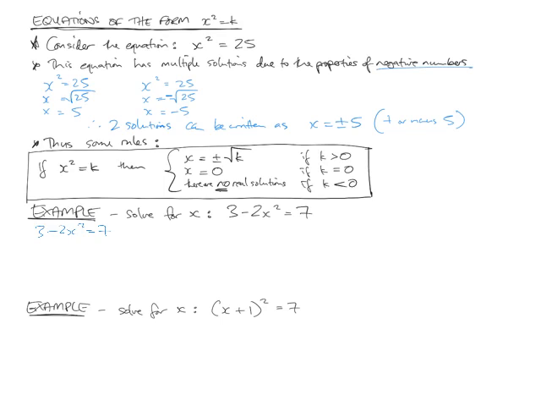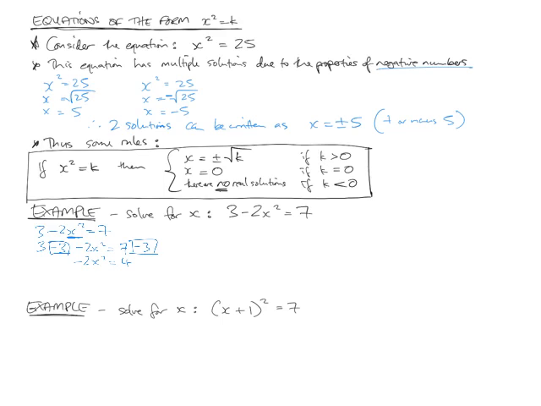I want to get x squared by itself. So the opposite of positive 3 is negative 3, so 3, take 3, take 2x squared. I need to take 3 from both sides to get rid of that positive 3. So we're going to have negative 2x squared is equal to 7 take 3, is 4.